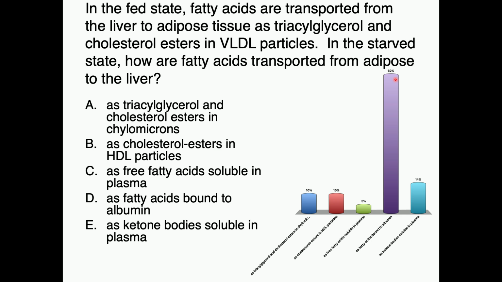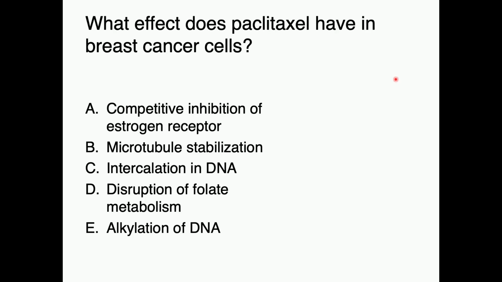But those free fatty acids are not soluble enough to be floating around in the blood. They have to be associated with a hydrophobic protein like albumin that can allow them to be transported. Okay. All right, one more question, and then we'll talk more about albumin.